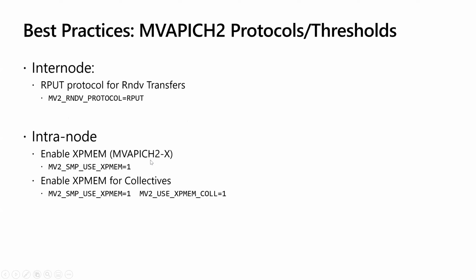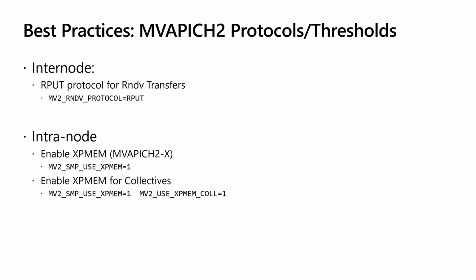For example, MVAPICH2-X supports XPMEM, and as John showed in the results earlier, the intra-node latencies, especially for large messages, showed really nice improvement. Similarly for XPMEM-aware collectives, for example, allreduce showed around 3x improvement when we enabled XPMEM.